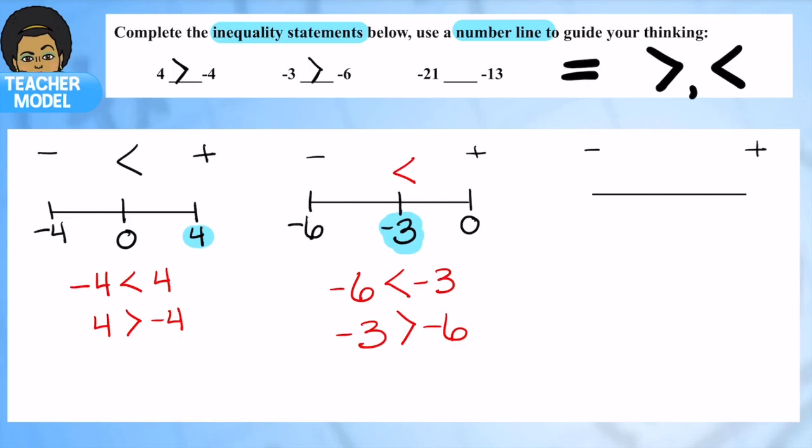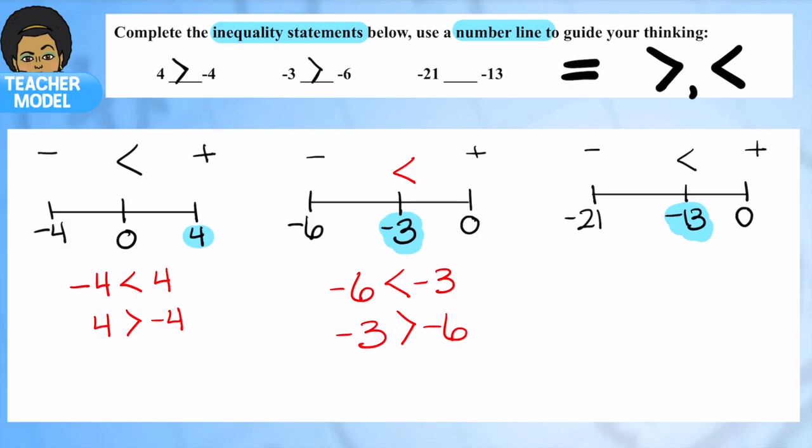And let's go to the last one. We have -21 and negative 13. So they're both negative, meaning they're both to the left of 0. Which one am I going to say first as I'm counting down? I would say negative 13 first before negative 21. So which is the greater number? Well, in this case, negative 13 is still the greater number. It's the furthest to the right.